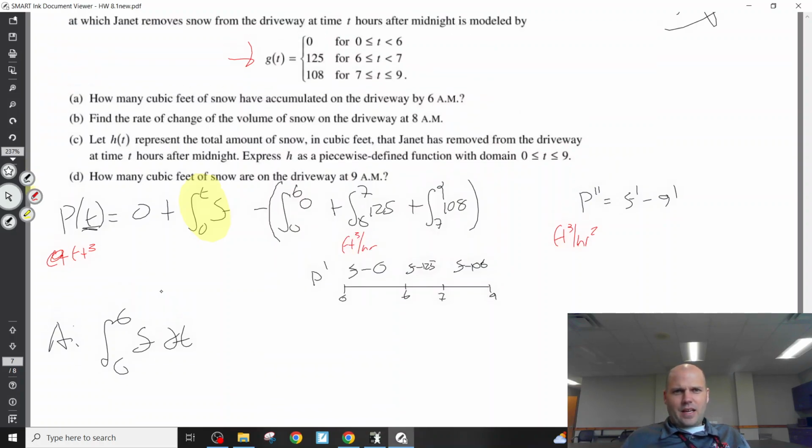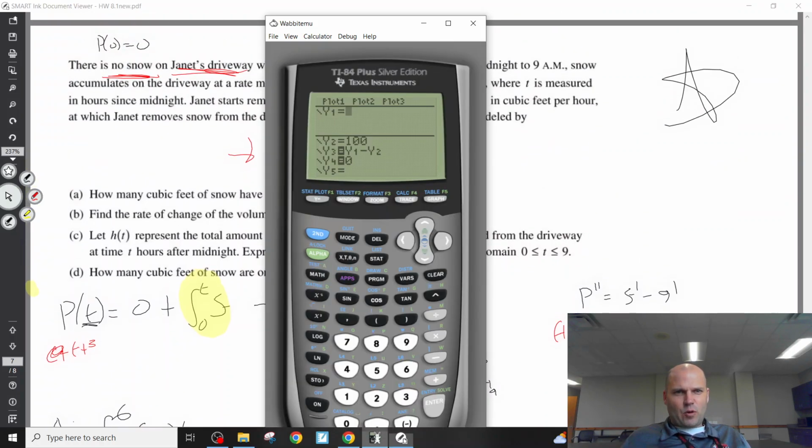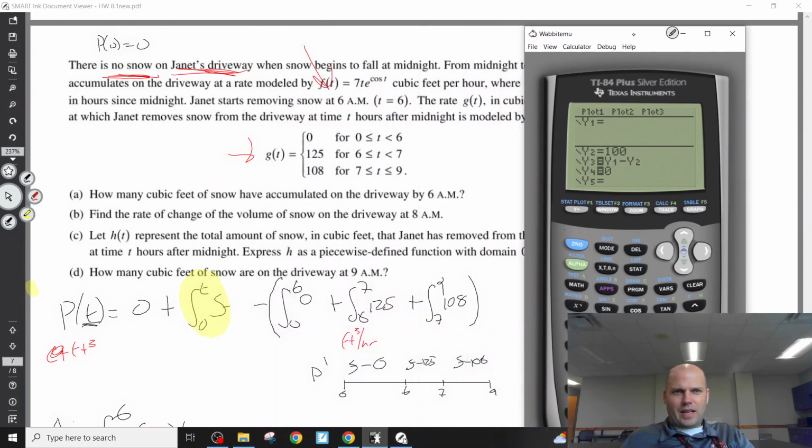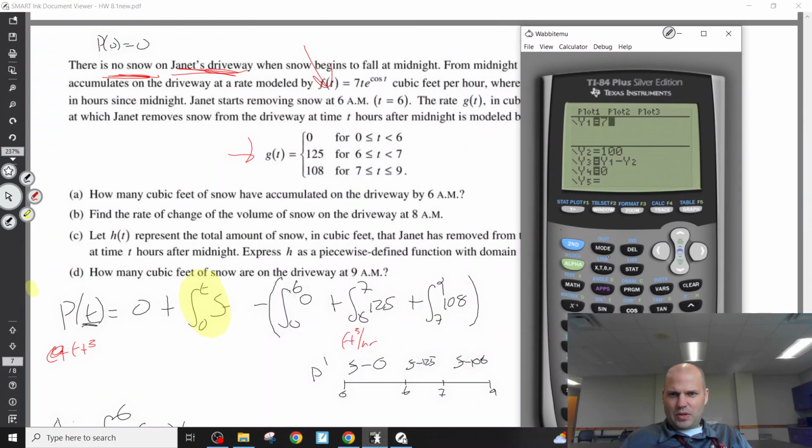Now, I'm going to be cautious about putting in anything for y2. It's all about my interval. So let's just start with 7t cos. This is why I like the other method. But yeah, we're fine. I think you guys will figure this out.